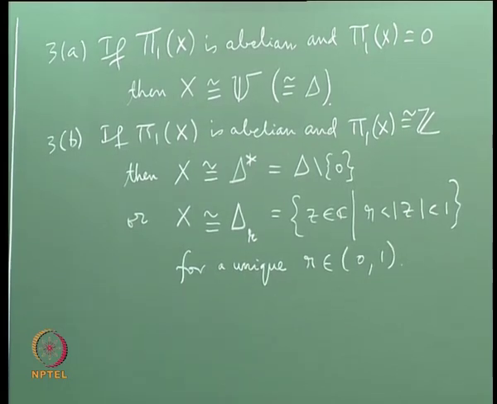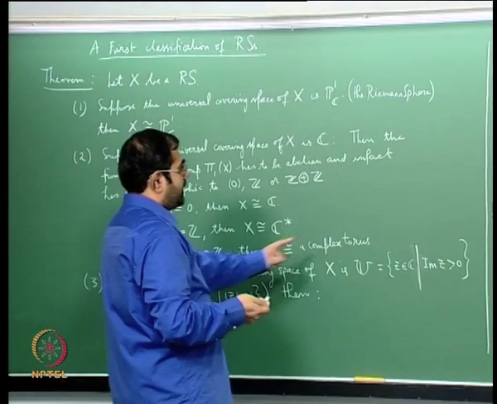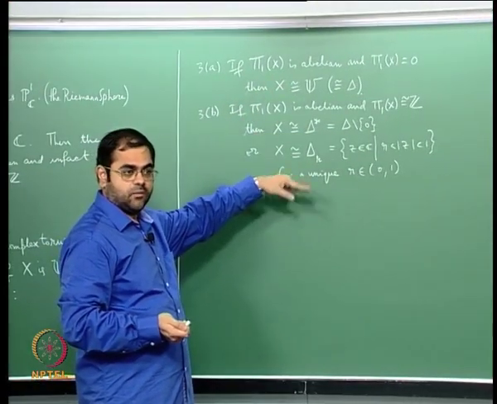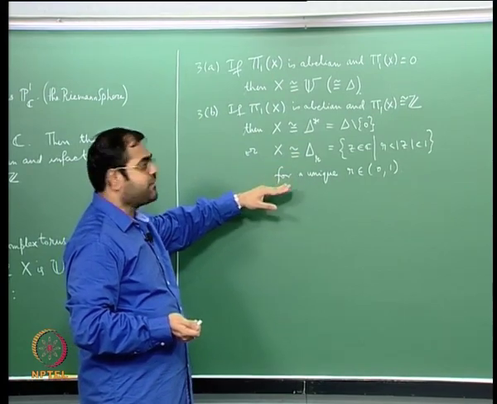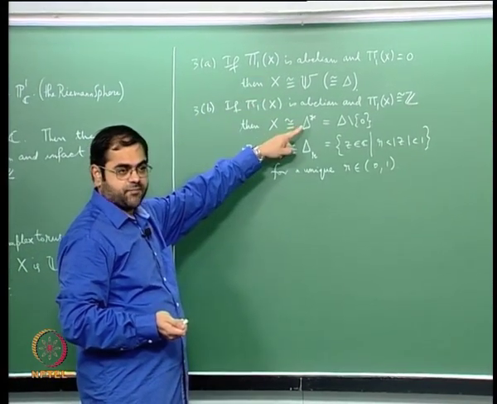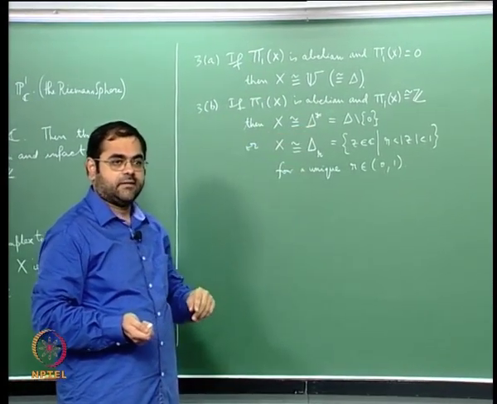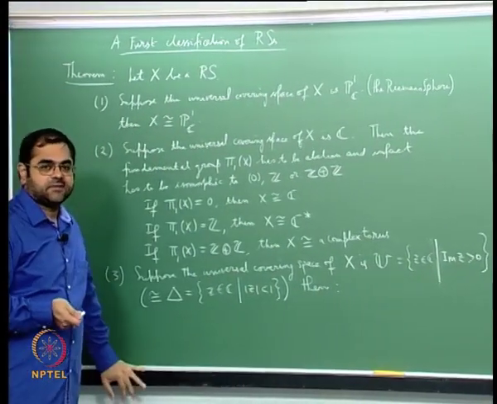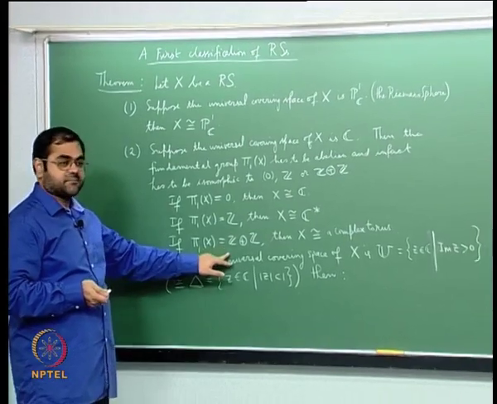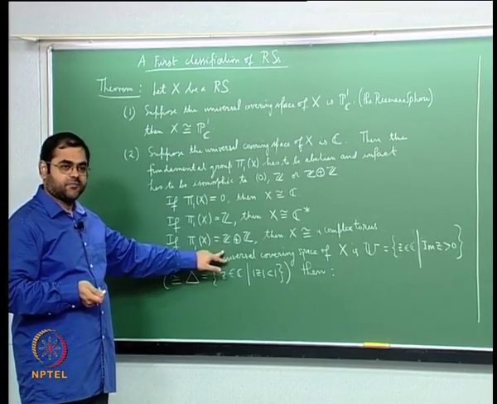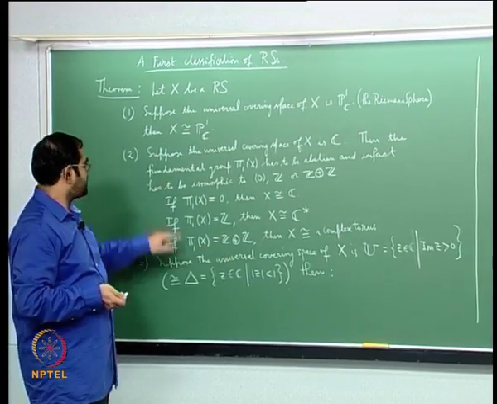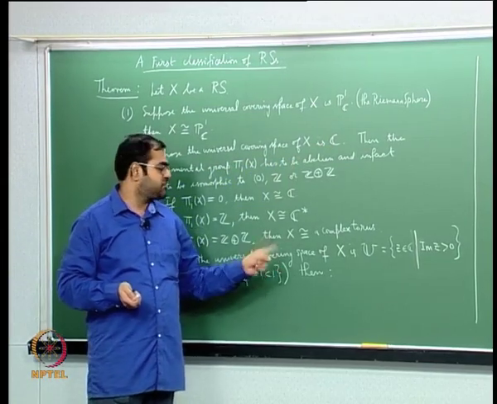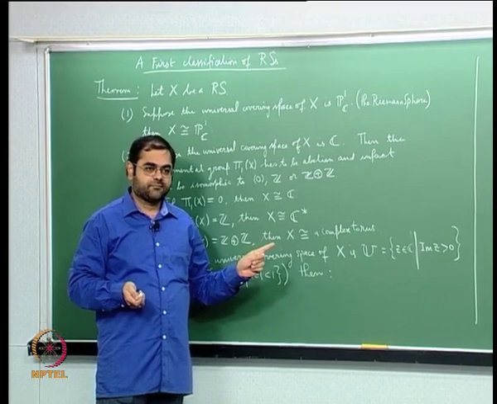And of course the point I am trying to say is that you can ask whether there are any other possibilities. There are no other possibilities. So if pi 1 is abelian, these are the only two possibilities, and in some sense what this means is that you take a Riemann surface with pi 1 isomorphic to Z direct sum Z, that forces that the universal covering space has to be C and your Riemann surface has to be a complex torus.